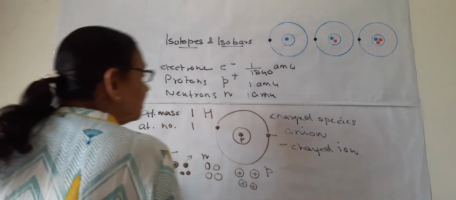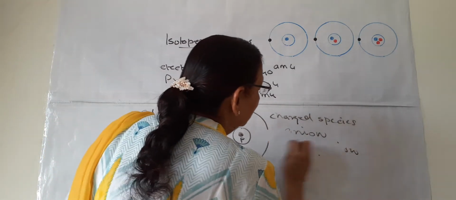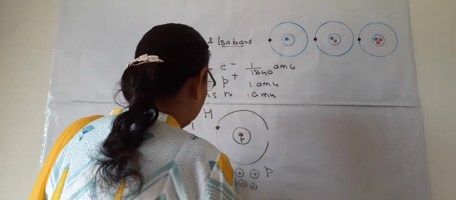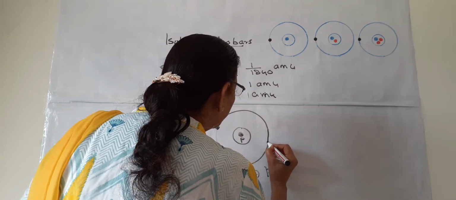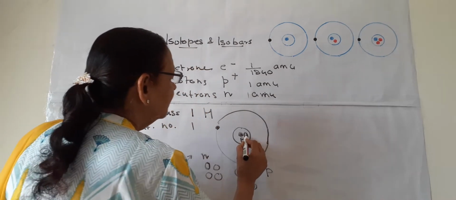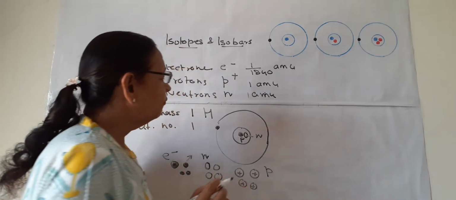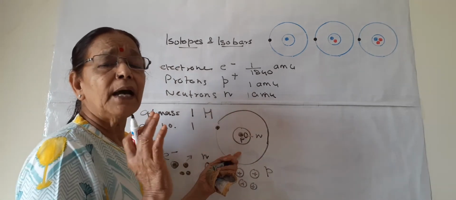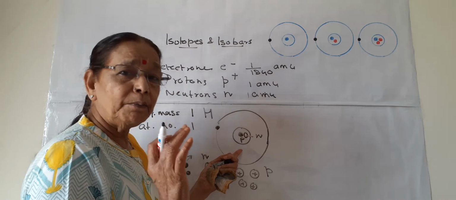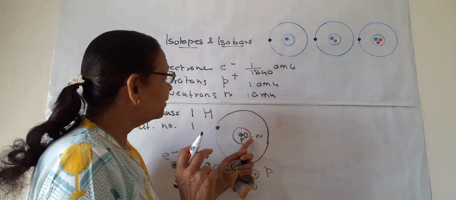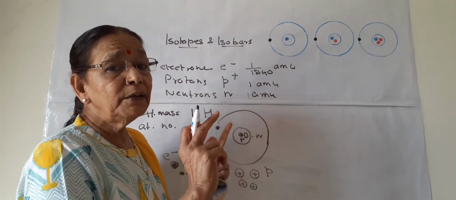Next, suppose instead of this electron, I add 1 neutron. Then what will happen? Still the atom is a hydrogen atom, but its mass will be different, as this neutron has certain mass.